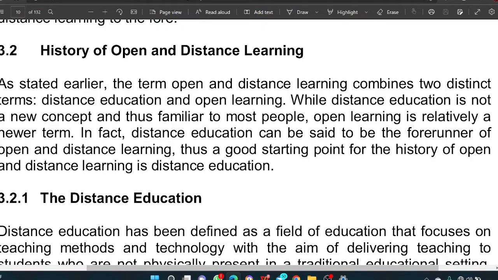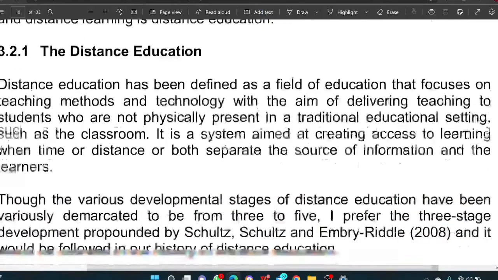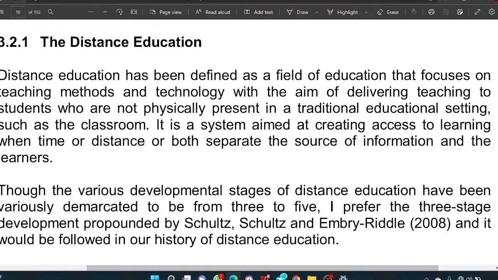Now, what is distance education? We'll get to know that in a jiffy. Distance education has been defined as a field of education that focuses on teaching methods and technology with the aim of delivering teaching to students who are not physically present in a traditional educational setting, such as the classroom. It is a system aimed at creating access to learning when time or distance or both separate the source of information and the learners.